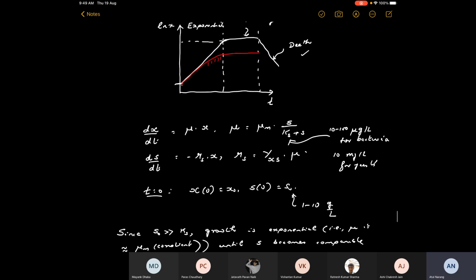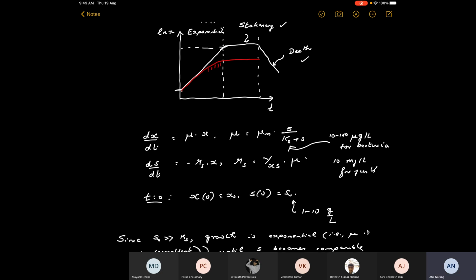So basically we are not allowing S to influence specific growth rate at all, simply because our assumption is true at least up to the end of exponential growth. But will it be valid beyond exponential growth? And if not, why not?